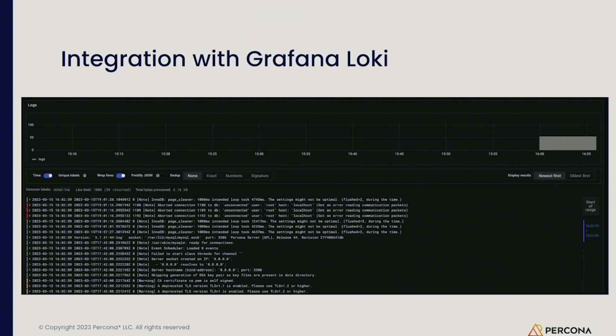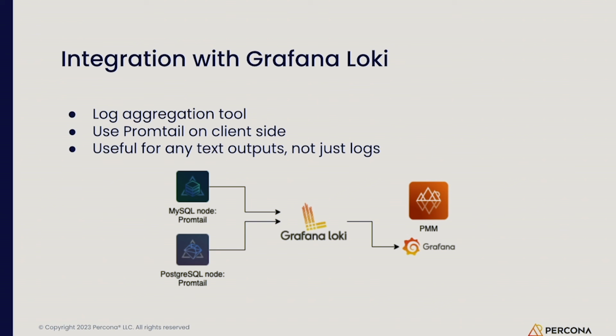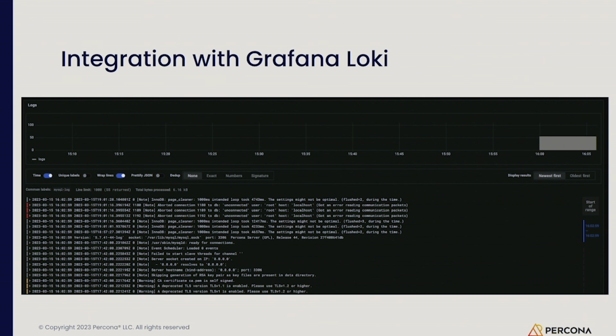So after you have Promtail working and the Loki server, you can tell PMM to add this new Loki server as a data source. It's all explained in the blog post. So you add the data source to Loki, and then from the Explore dashboard you can get the logs almost instantly. As you can see here, it was the last minute.